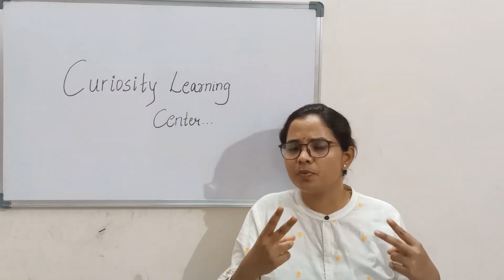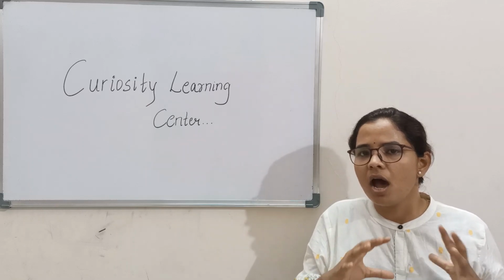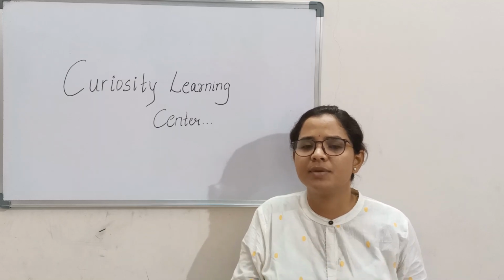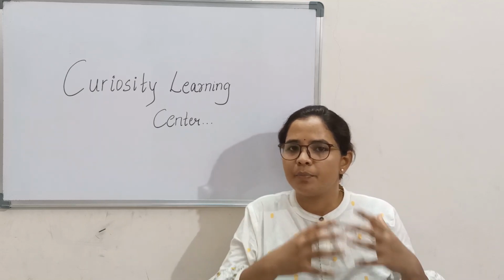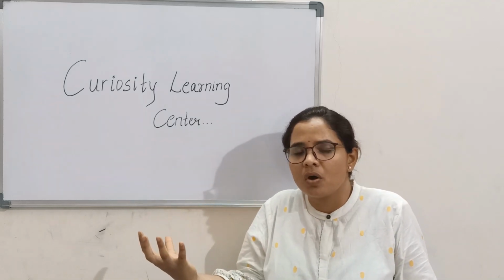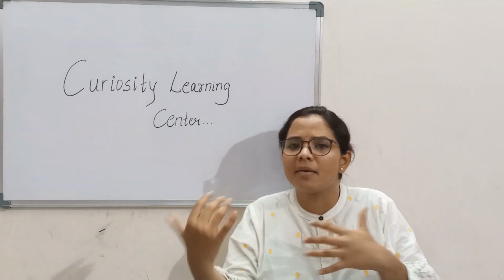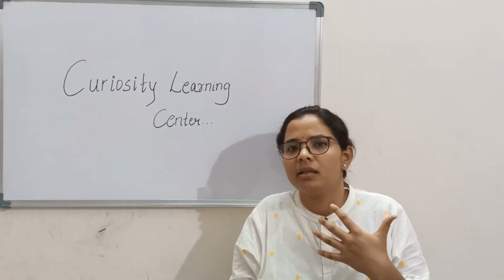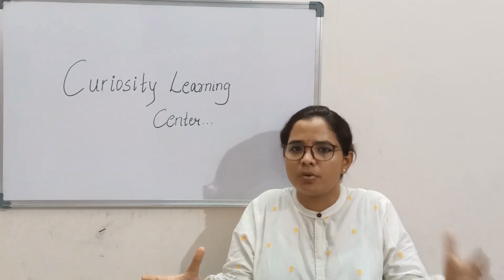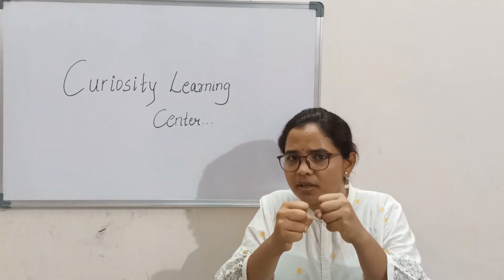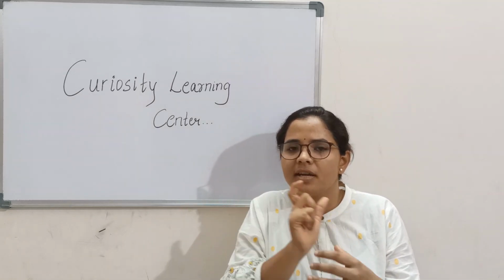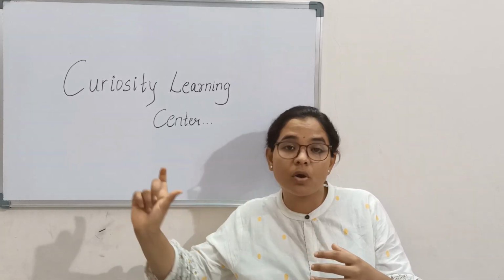And these two words, push and pull, are the most important factor to bring a change in the position of an object. It might be a position, or it might be a shape, or it might be the dimensions of an object. To bring that change in an object, we require either a push or a pull. So these words together are called a force. Force is defined as either a push or a pull on an object.